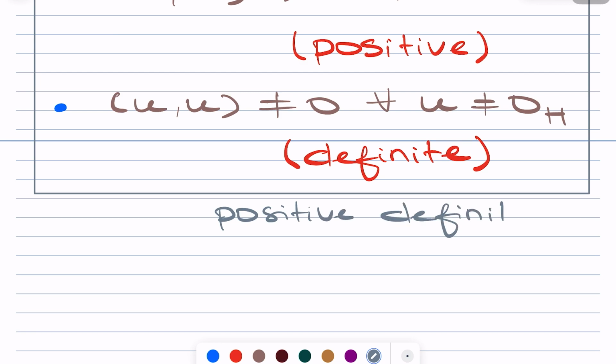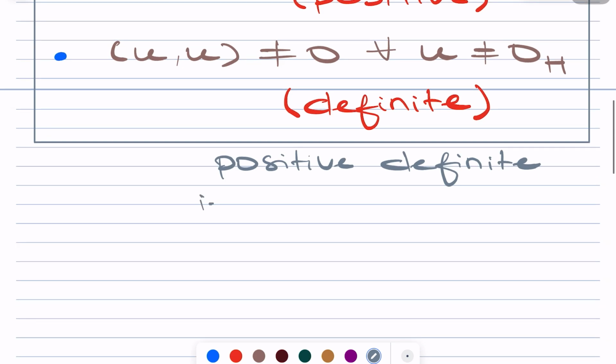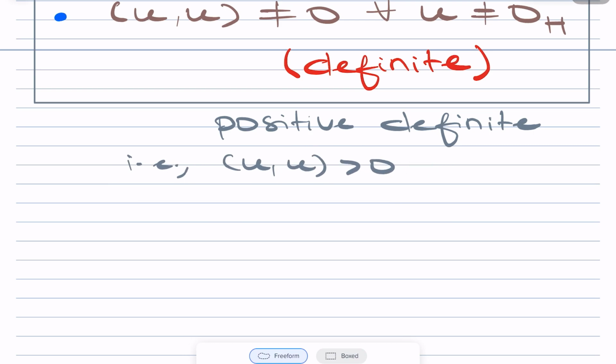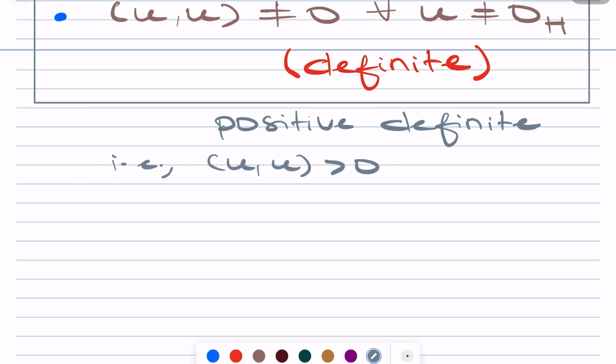You can write it this way: the scalar product of u and u should be strictly greater than 0 for every u belonging to H, but u different from 0.